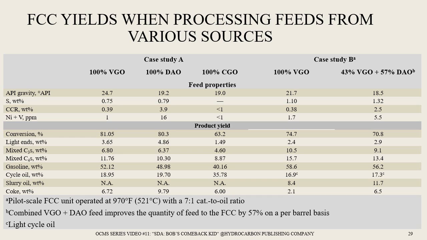In practical application, the feed to the FCC is most likely 100% VGO or VGO augmented with some smaller quantity of DAO and or CGO. In case study B, KBR presented FCC pilot plant data comparing the use of 100% VGO as FCC feed to the use of a mixture of VGO and DAO as FCC feed.